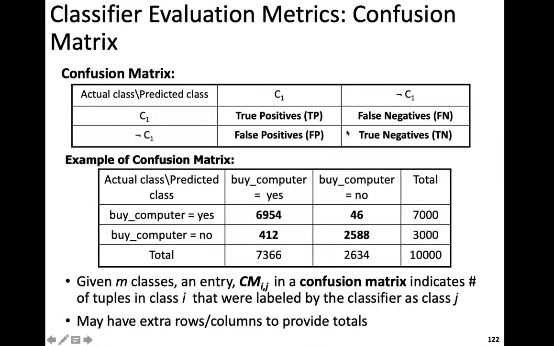Basically it is this diagonal which is very important. This diagonal indicates that there is no confusion. But if you are getting more false positives and more false negatives, it indicates your classifier is not doing well, and there is confusion.